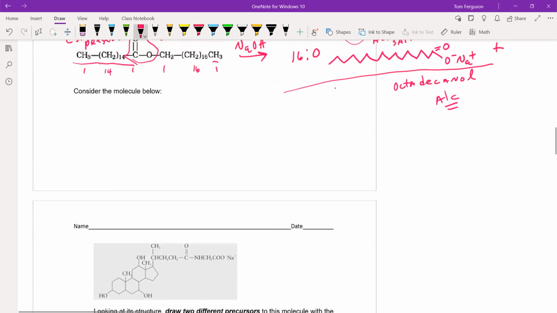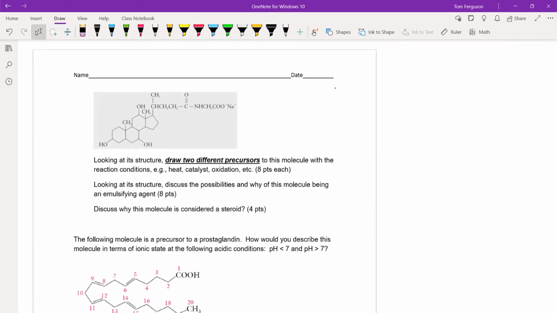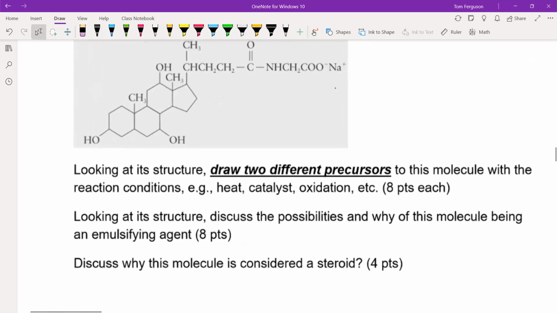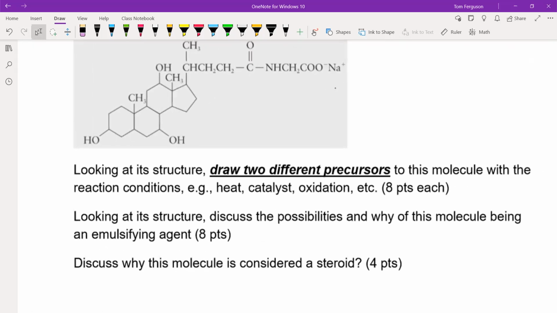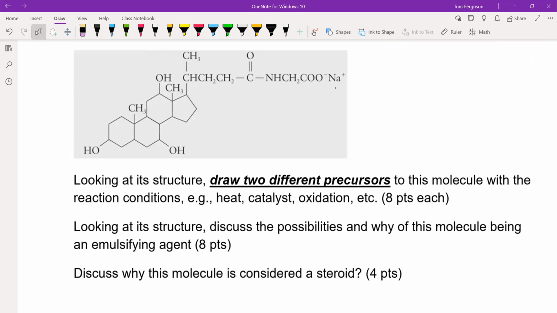Okay, consider the molecule below. I think I mentioned this molecule in lecture, if I remember right. Well, we've got alcohols here.